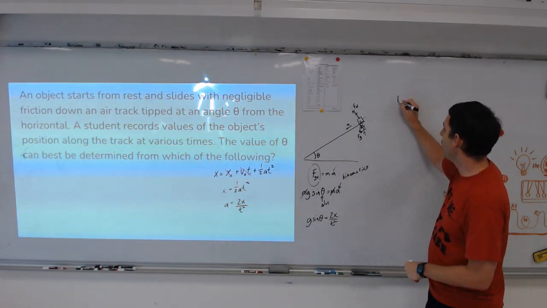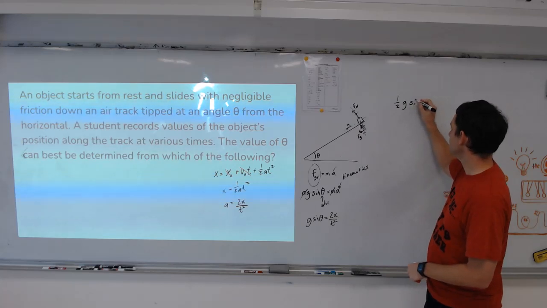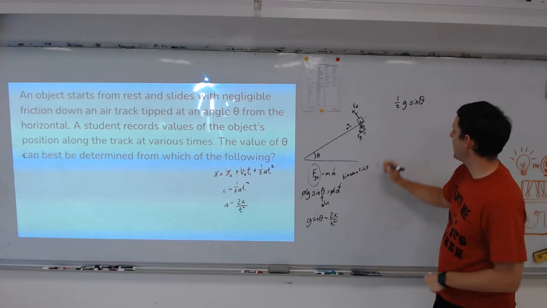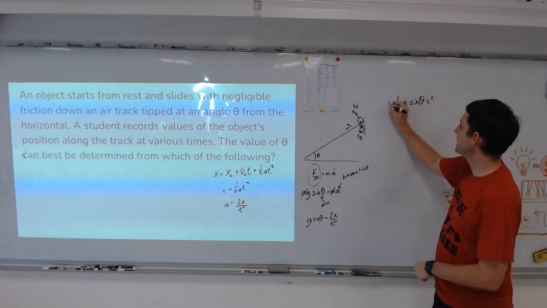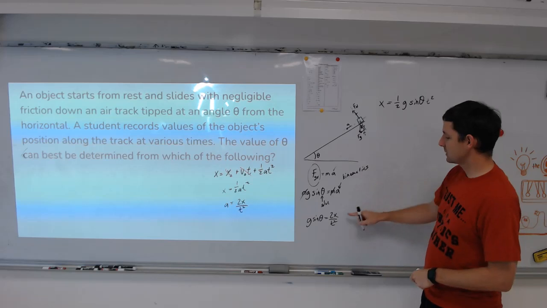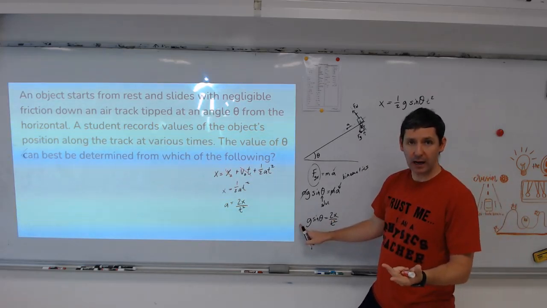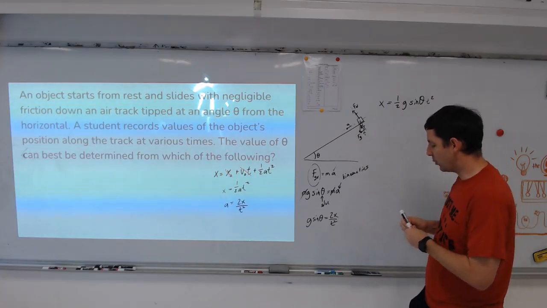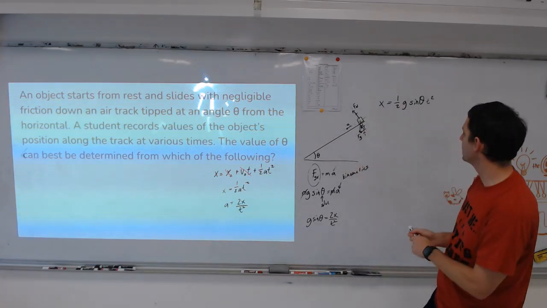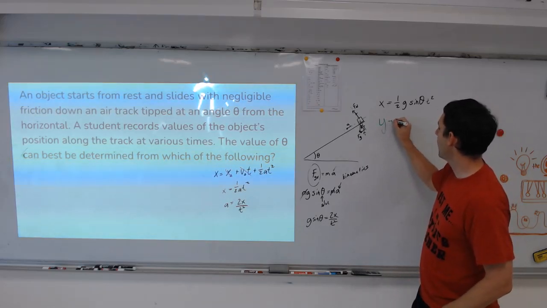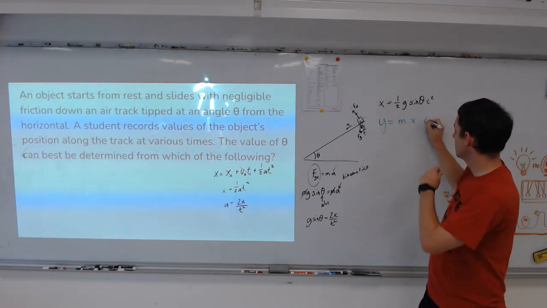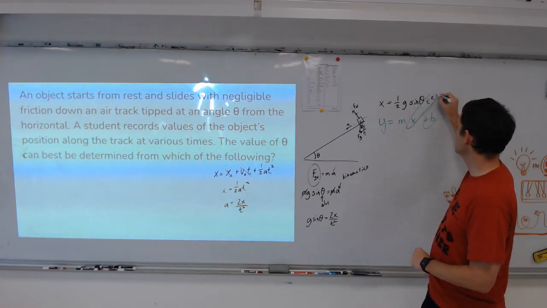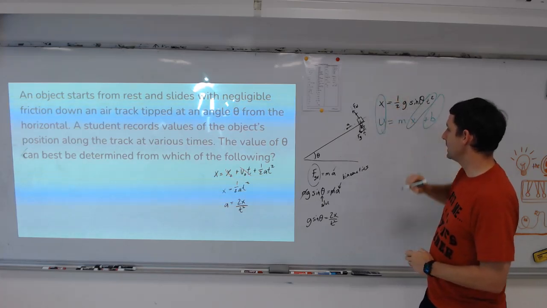I'm going to have 1/2 g sine theta, and that will be multiplied by the t squared, which is then going to be equal to my x. Notice that I divided by the 2, or multiplied by 1/2. I multiplied by the t squared, and that gives me this right here. Now you may say, well, that looks really ugly. Yeah, it is pretty ugly, but this is y equals mx plus b. There is no y-intercept. The x is t squared, and the y is x.